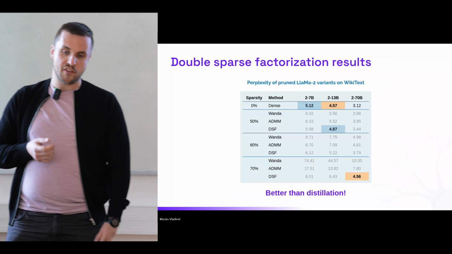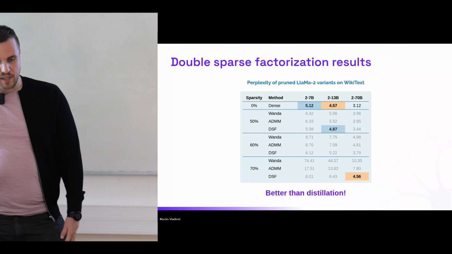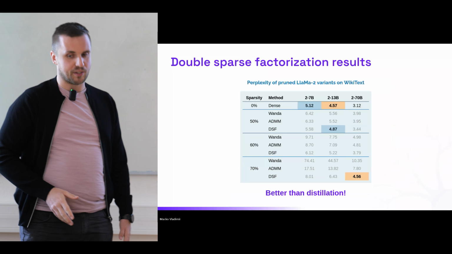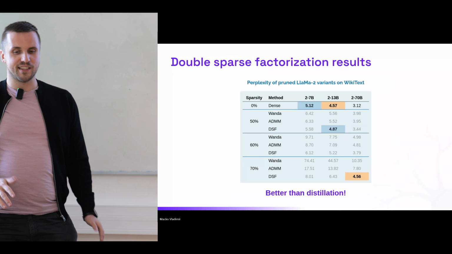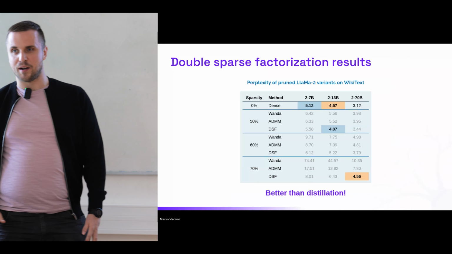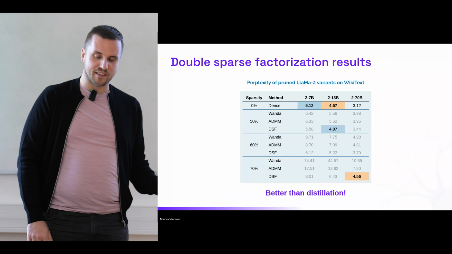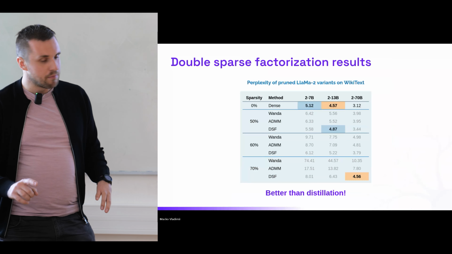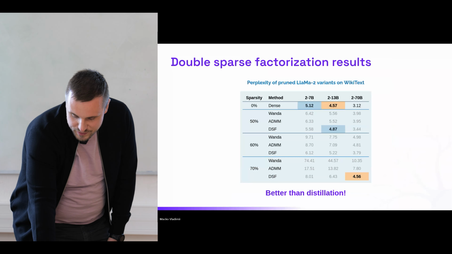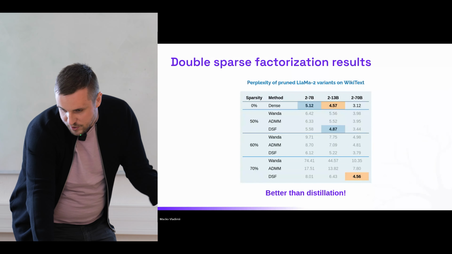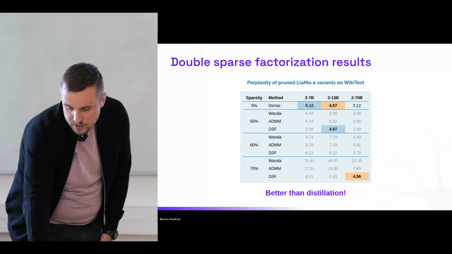And you can push it even further: you can take Llama 70b, prune it down by 70%, which is quite odd, and you will get a model that is roughly 21 billion parameters long, so bigger than Llama 2 13b, but the perplexity is very similar, so getting there. And yeah, so this turned out to be much better than distillation.